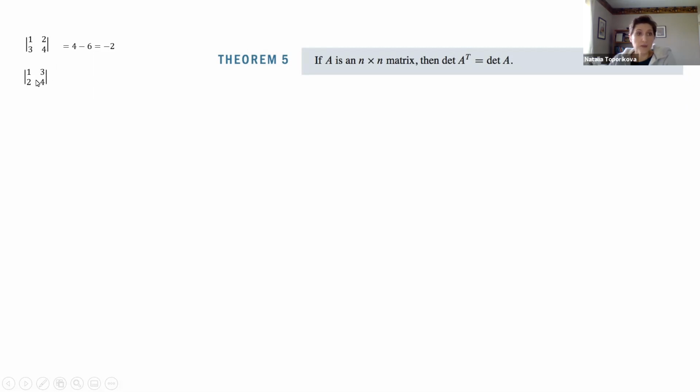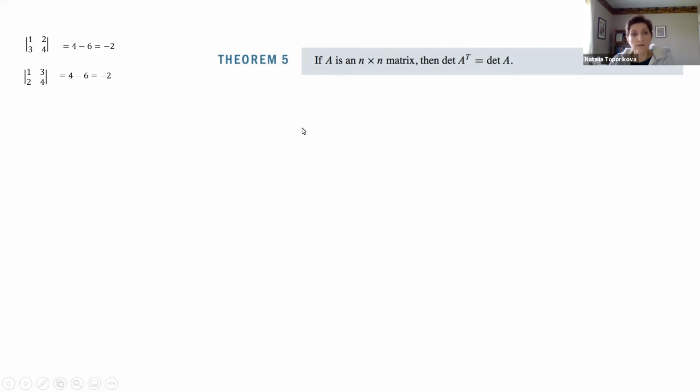And of course, because we are just dealing with a product, we get exactly the same value for the determinant, still -2. You can go to the end of the chapter and confirm it with a couple of examples of larger transposed matrices, and you will see that for a 3, 4, or any size matrix, the determinant of the matrix and its transpose will be exactly the same. Okay, that's really nice.